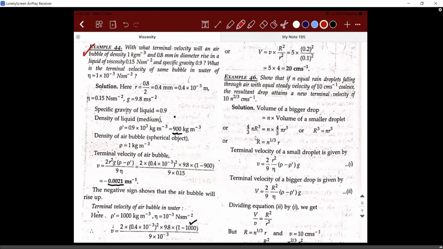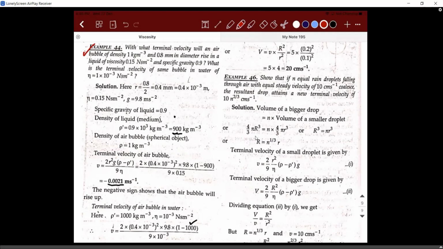Rise in a liquid of viscosity 0.15 Newton second per meter square. So I repeat the question: with what terminal velocity will an air bubble of density 1 kilogram per meter cube and 0.8 millimeter in diameter rise in a liquid of viscosity 0.15 Newton second per meter square and specific gravity 0.9. When can the object rise inside the liquid?